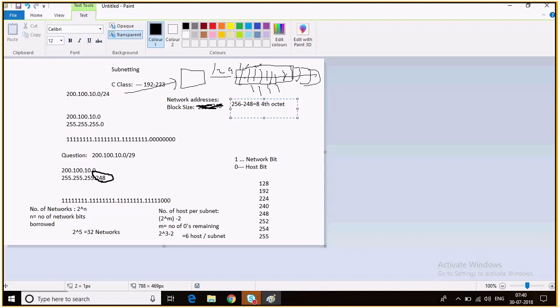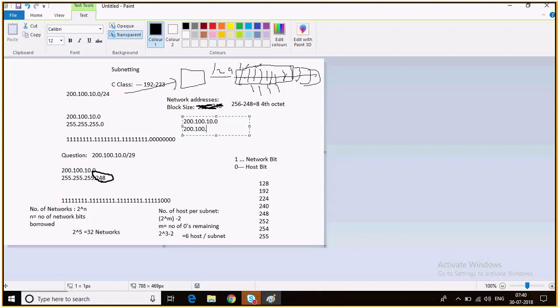The value to focus on is 8. So how do I find network addresses? I'll write the base address from the top, which was the network address always, 200.100.10.0. We'll keep on adding the block size to the interesting octet until we get to some invalid value.